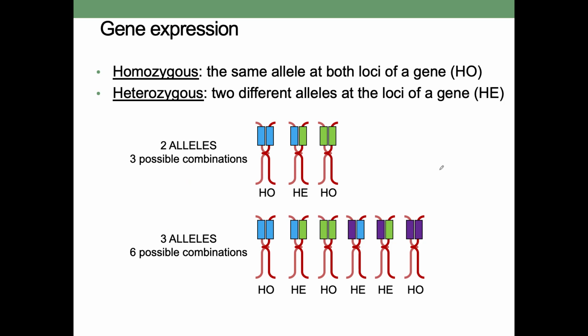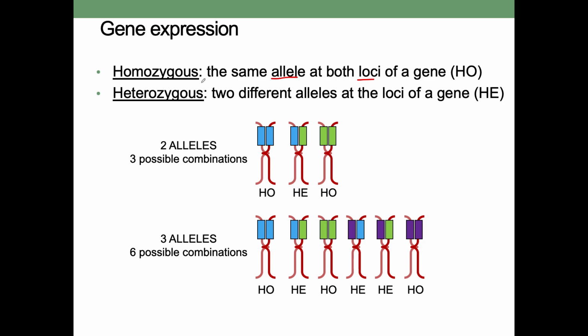Okay, so in terms of gene expression, there are two conditions. The first is called homozygous, where you've got the same allele at both locations, at both loci of a gene.